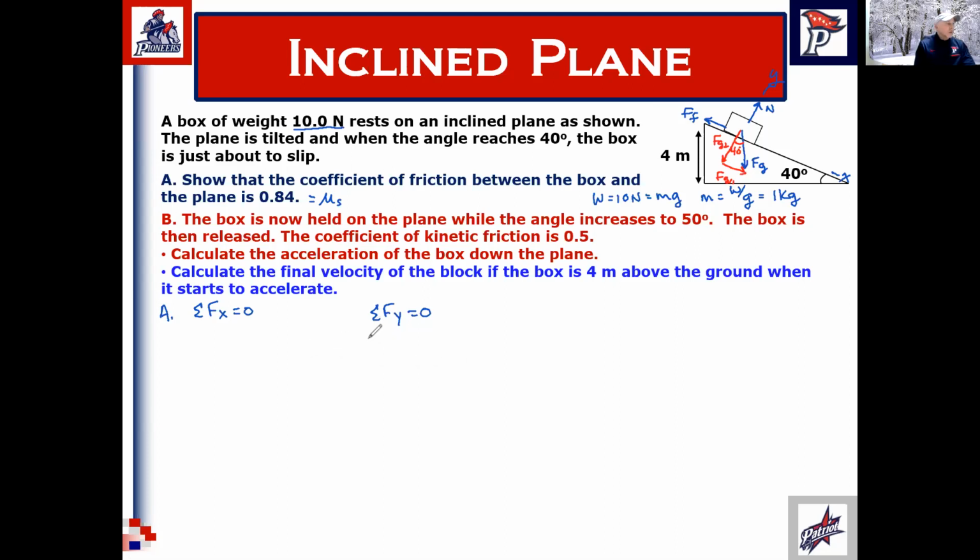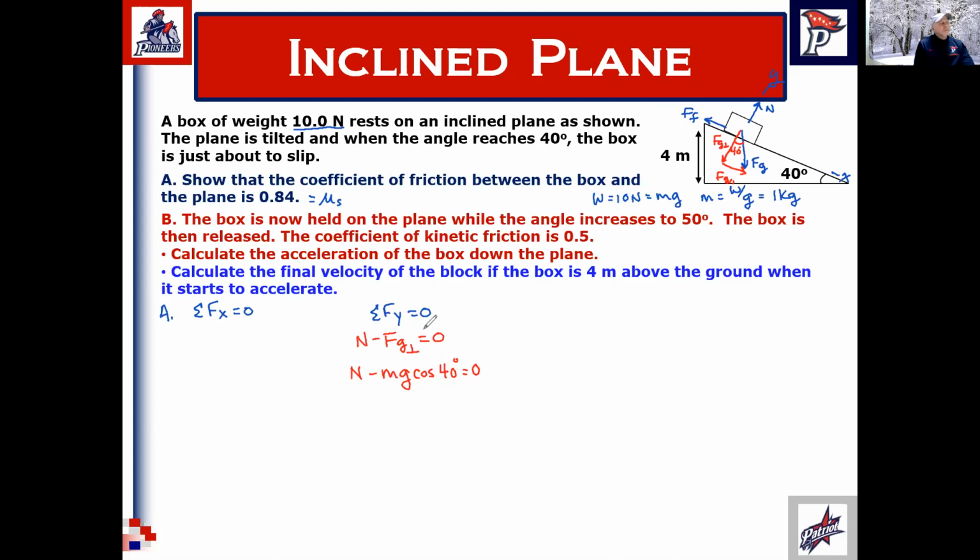Same as what I did on the other 3 things that I showed you. So when I set up my 2 equations, the y equation for part A and part B is not going to change. It's going to be the normal force minus Fg perpendicular equals 0. The normal force minus mg, which we know is 10 newtons, times cosine of the angle, which is 40 degrees, equals 0.